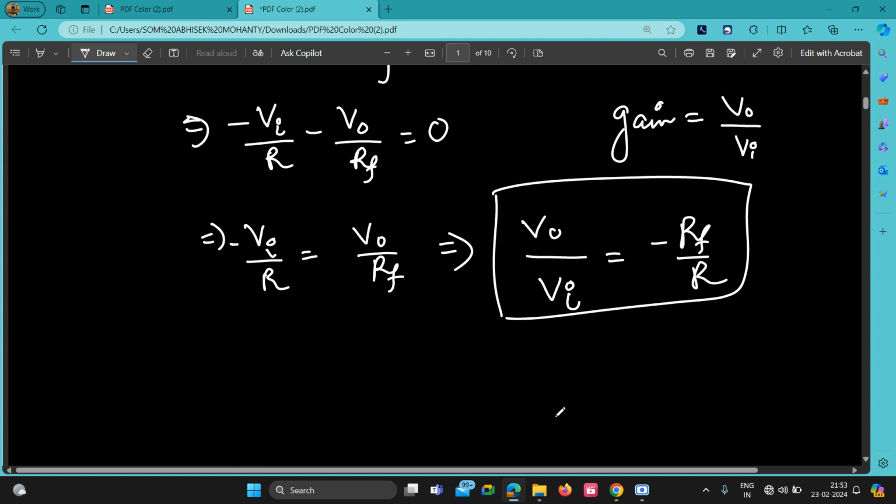Is it all right? This is for the inverting op amp.